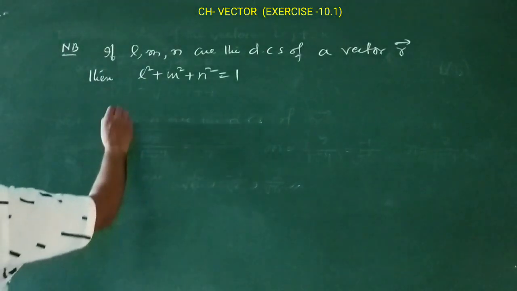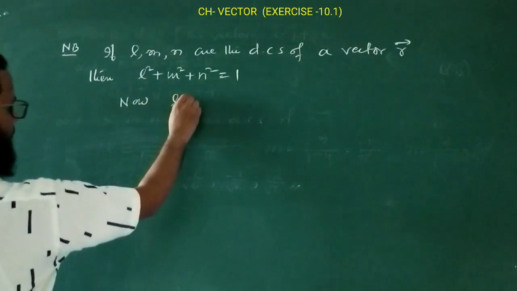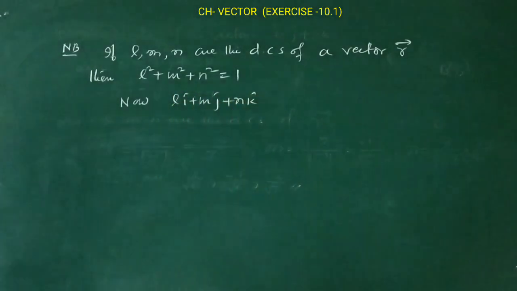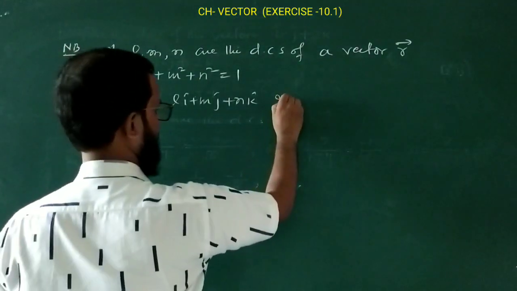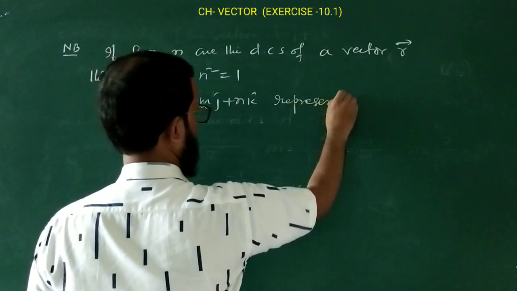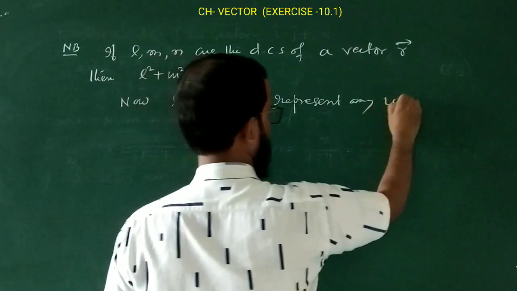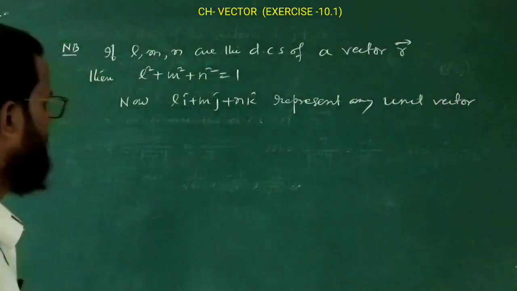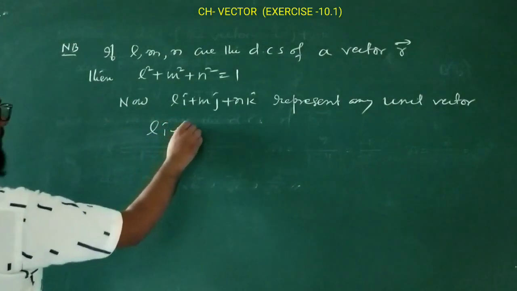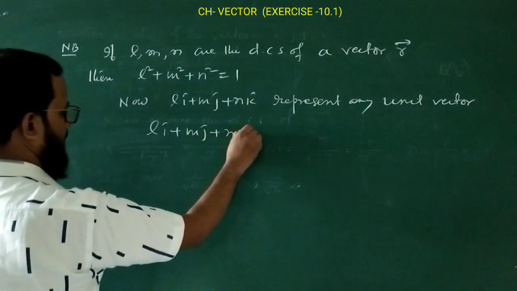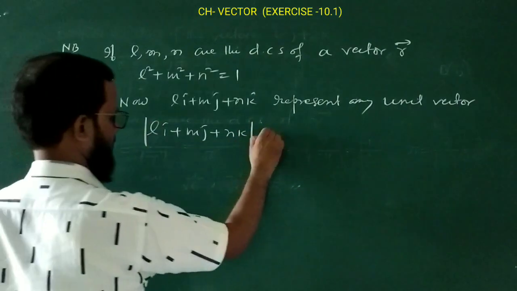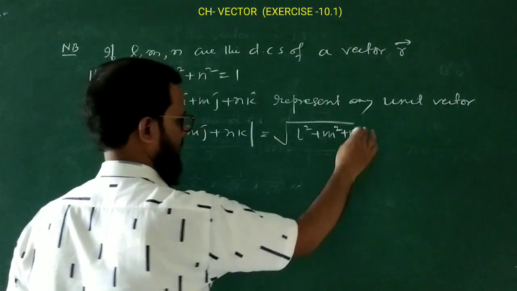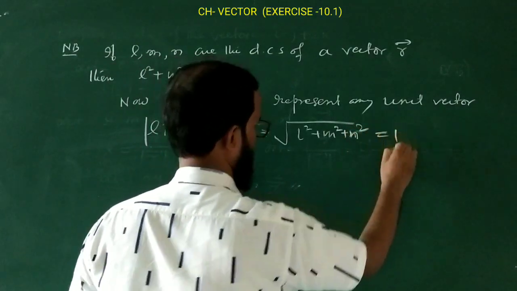Now, l i cap plus m j cap plus n k cap represents any unit vector. What is the reason? The magnitude of l i cap plus m j cap plus n k cap is the square root of l square plus m square plus n square, which is equal to 1.